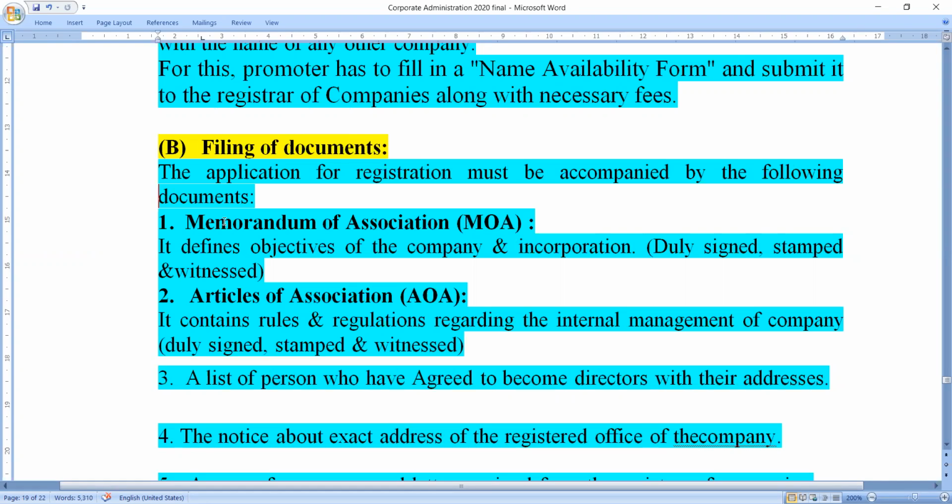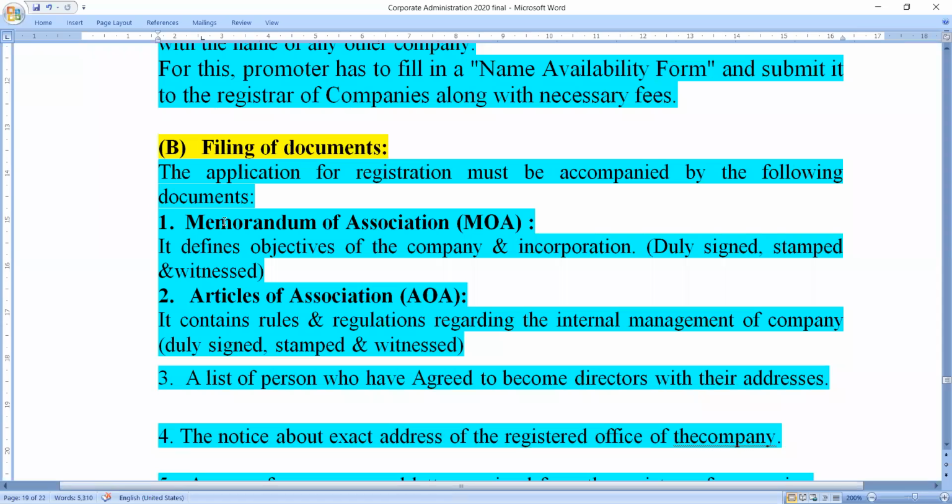These two are essentially required for the incorporation stage of the company. It is also asked for 2 marks as expansion: expand MOA, expand AOA. MOA stands for Memorandum of Association. AOA stands for Articles of Association.